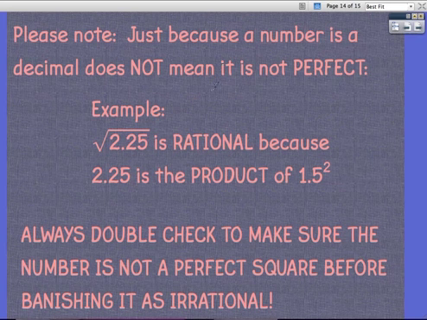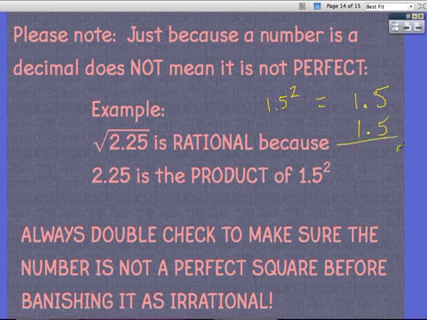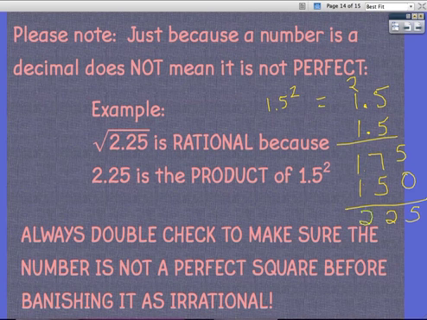Note that just because a number is a decimal does not mean it's not perfect, because what happens when I multiply decimals together? For example, if I have 1.5, 1.5 squared means 1.5 times 1.5. If I did that through long division, I have 1 decimal, 2 decimal places, so I end up with 2.25.